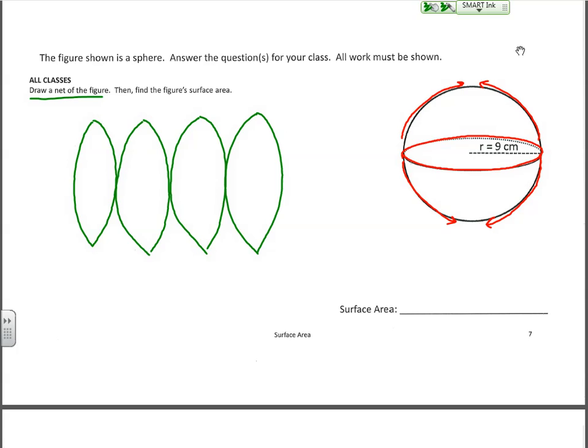And this equator that I outlined in red here originally, now that goes all the way around the circles. That is the same distance as if we were to measure across those 4 leaves. Okay. And the reason why we are tapered at the top and the bottom is because, like I said, as we move up the sphere or down the sphere, we lose surface. We lose area. Okay? And so that would be your net.